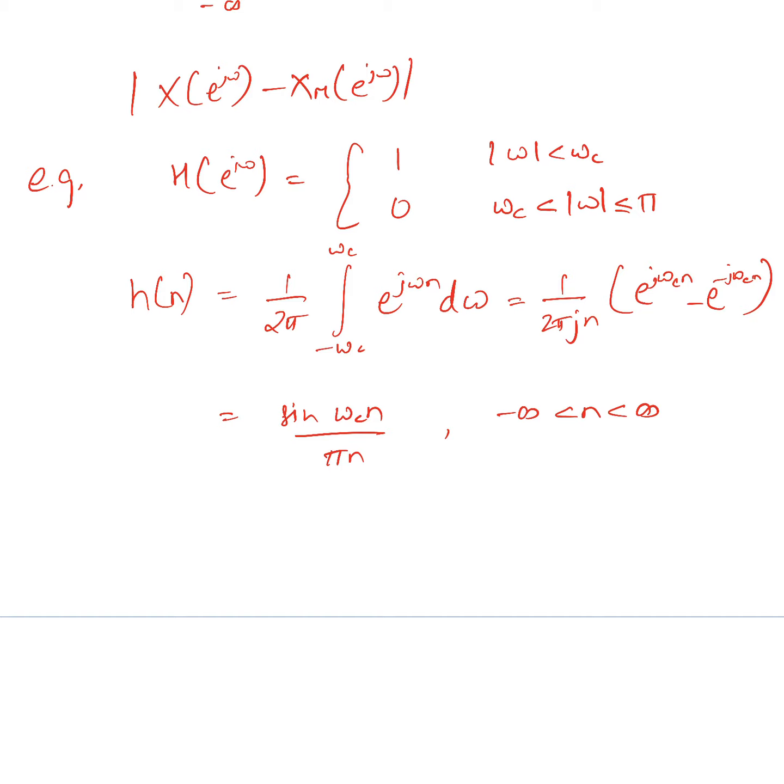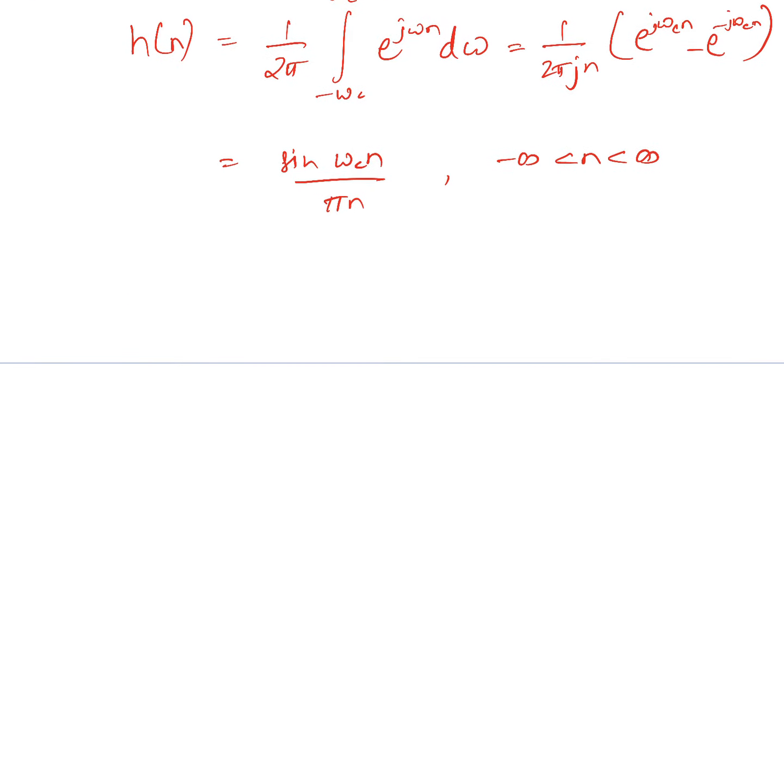Notice that the frequency domain representation of this sinc function is discontinuous at omega equal to omega c. So the sequence value approaches 0 as n tends to infinity, but only as 1 by n, because H(e^{jω}) is discontinuous at omega equal to omega c.